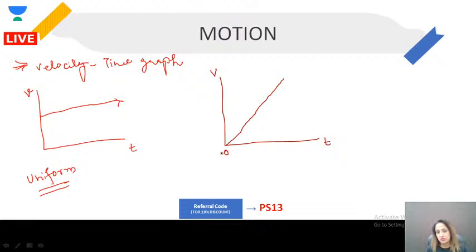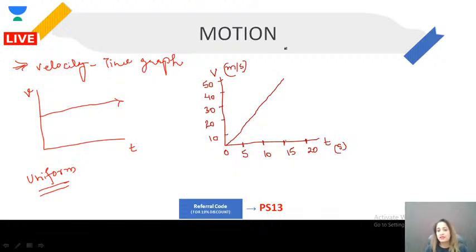It starts from 0 and that could be its initial velocity. Let's say here is the time in seconds: 5 second, 10 second, 15 second and 20 second. And on this axis we have its velocity: 10 meter per second, 20, 30, 40 and 50 meter per second.